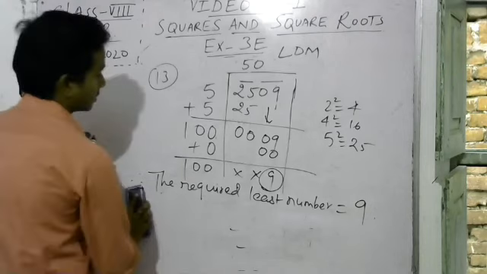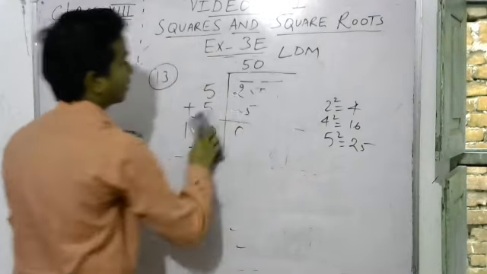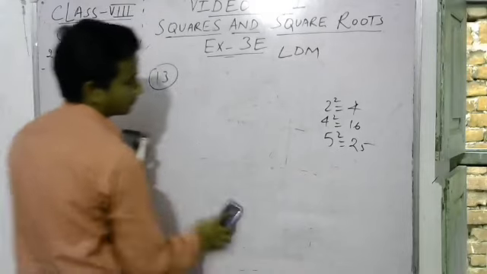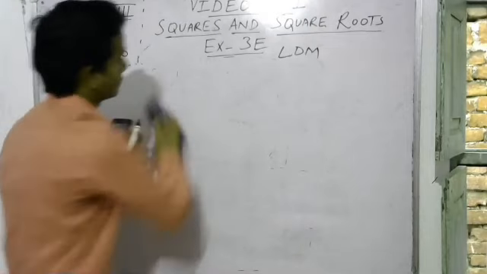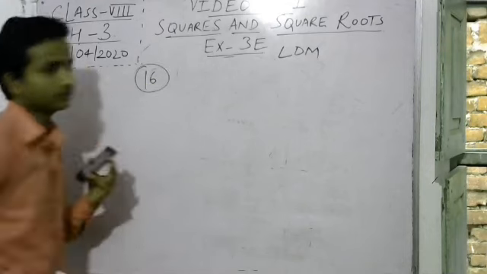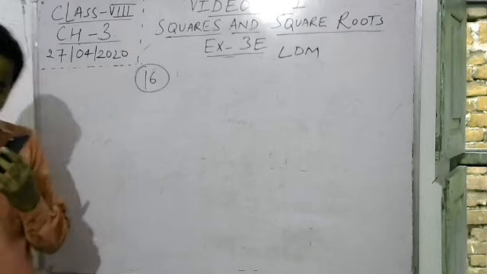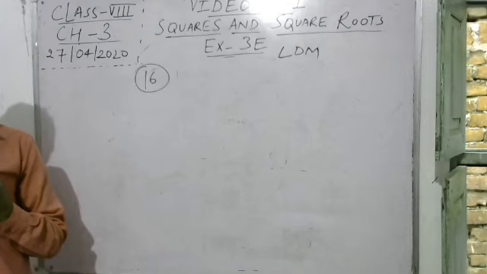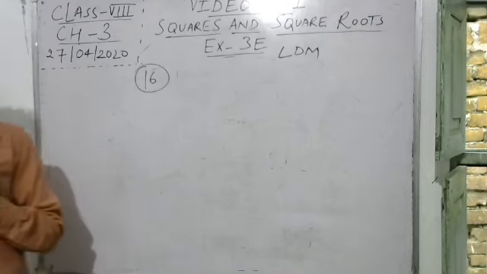So what is in question number 16? Read question number 16 from your book. Question number 16 is: find the least number which must be added to 8400 to obtain a perfect square, and find the perfect square and its square root.